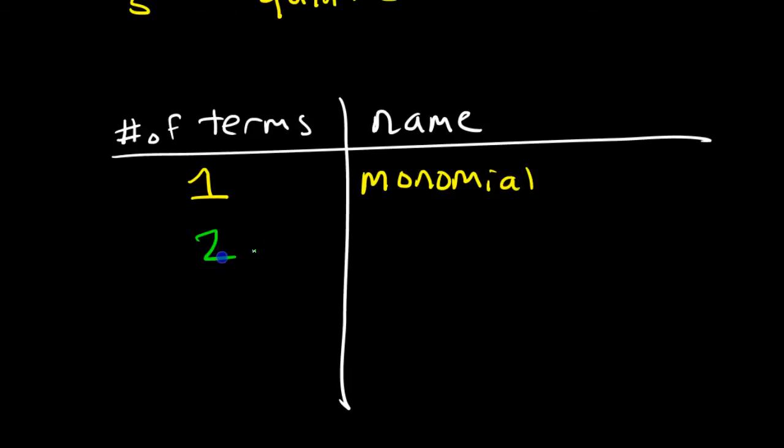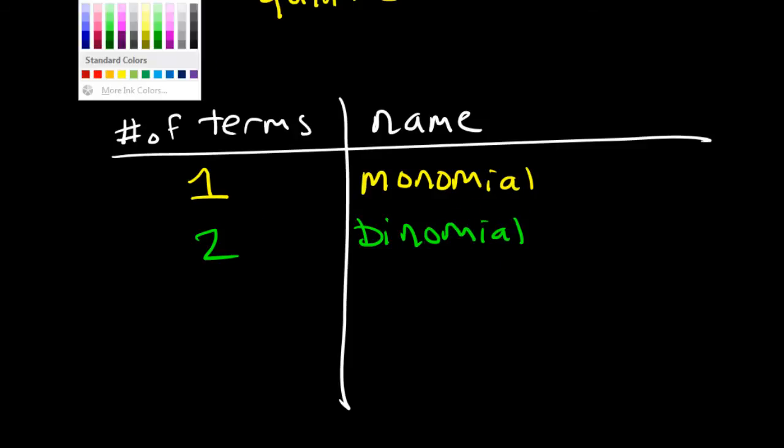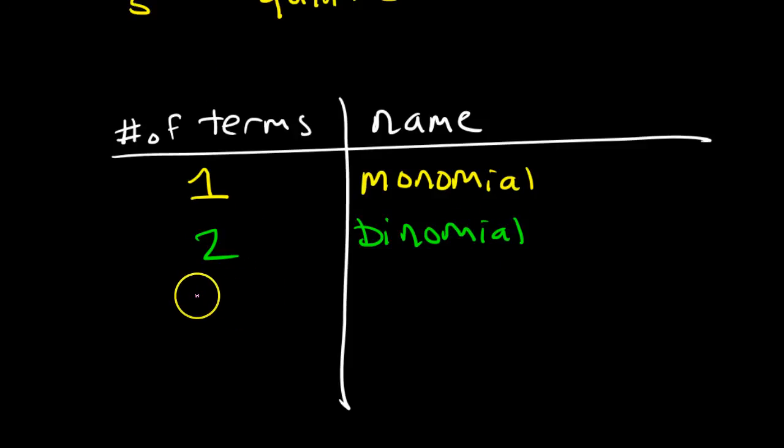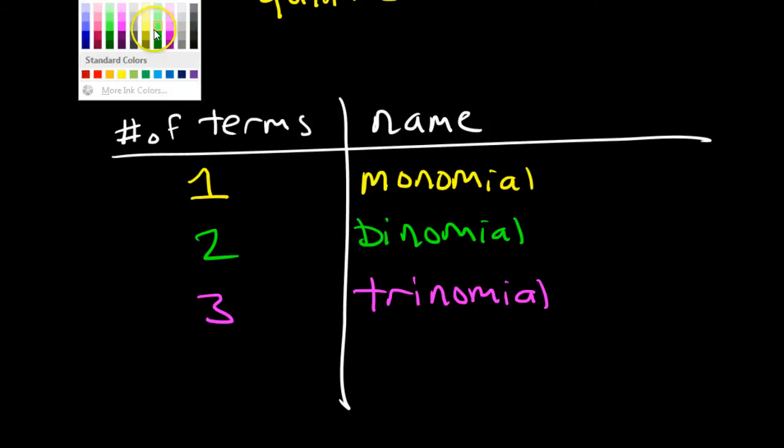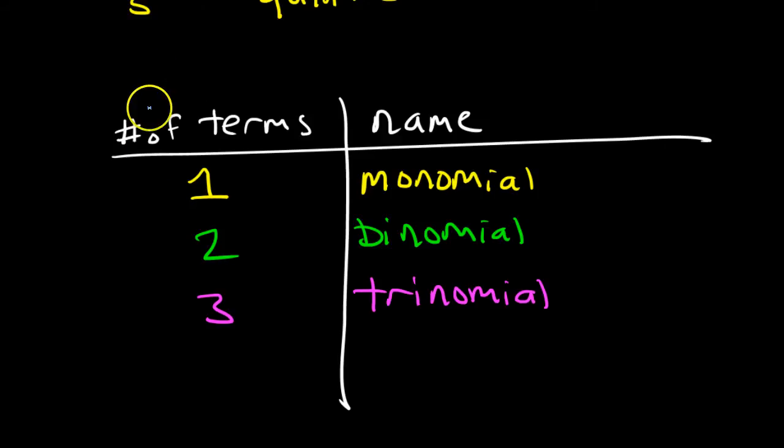If there are two terms, that is called a binomial. If there are three terms, that is a trinomial. That's where we run out of special names. 4 or more, we just say polynomial.